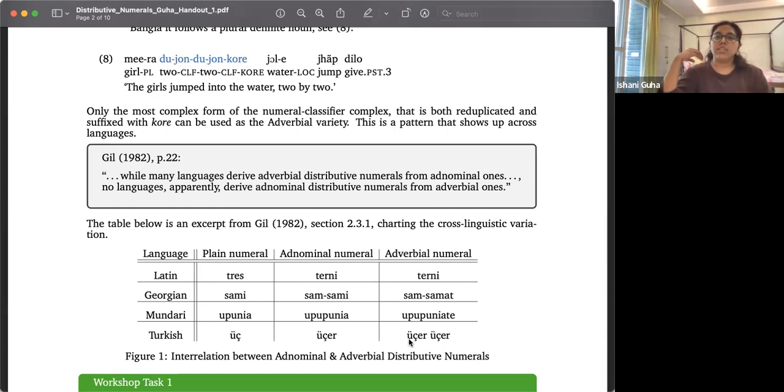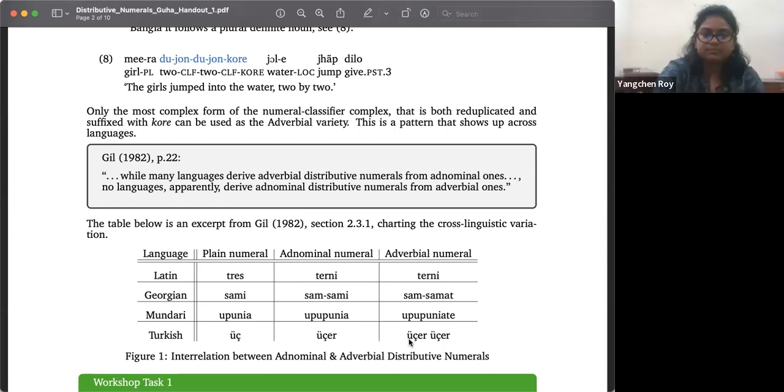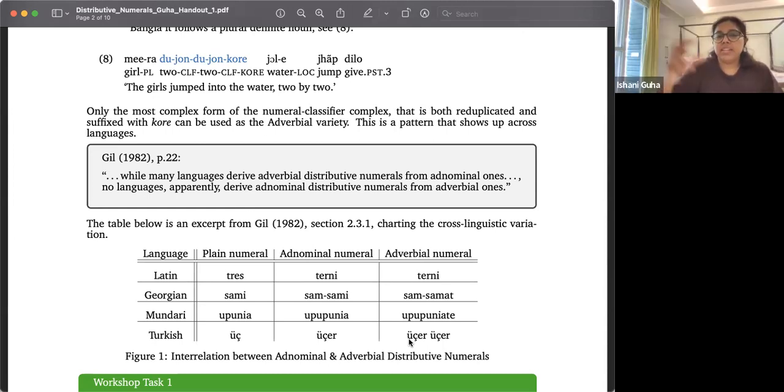So Gil pointed out that 2 by 2 or in twos could be distributive numerals, adverbial ones, because their meaning is adverbial. We'll go into what it means to be adverbial and what it means to be adnominal later on. But according to Gil, who came up with this typology and these distinctions, and it's good that he did.